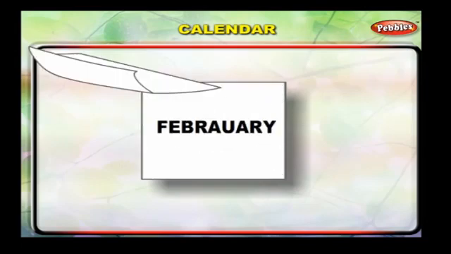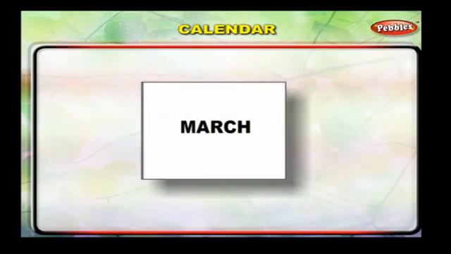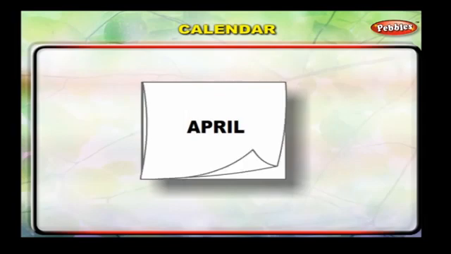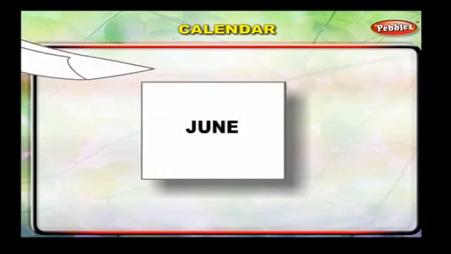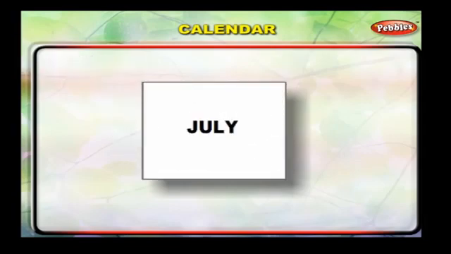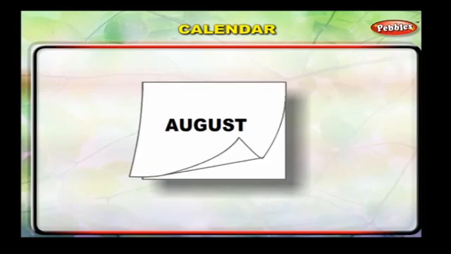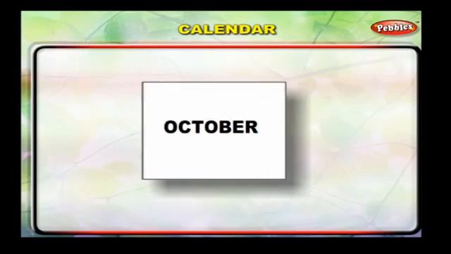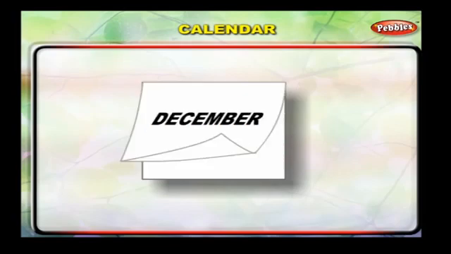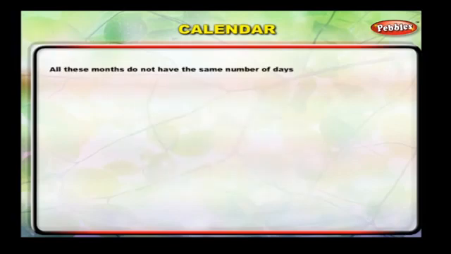January, February, March, April, May, June, July, August, September, October, November, and December. All these months do not have the same number of days.